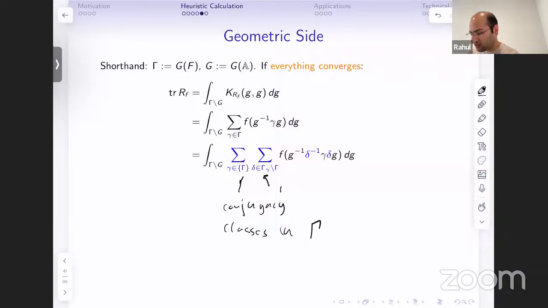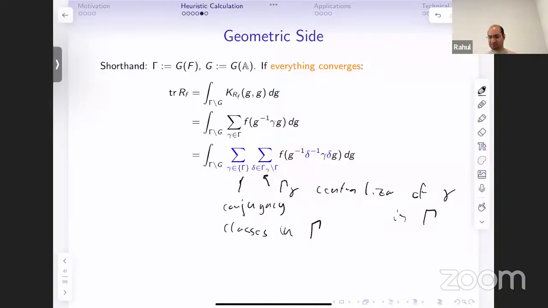And this notation here, gamma sub little gamma, this is the centralizer of little gamma in big gamma. This is how we parameterize a conjugacy class, right? You look at the group mod the centralizer and all the conjugates by the group mod the centralizer. That gives you the entire conjugacy class, and it gives you every point in the conjugacy class exactly once. So all we're doing is just reindexing the sum, breaking it up into two pieces.